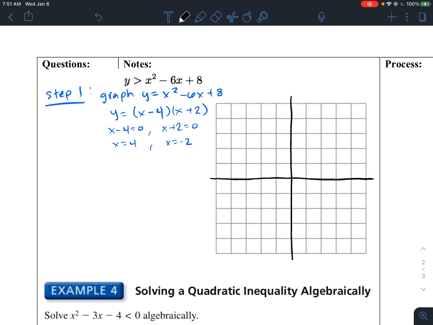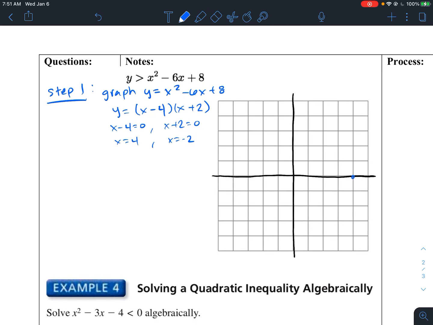So on this graph we have x-intercepts at x equals 4 and x equals negative 2. Now we know that the axis of symmetry will be directly in between these points, which I think is right there.